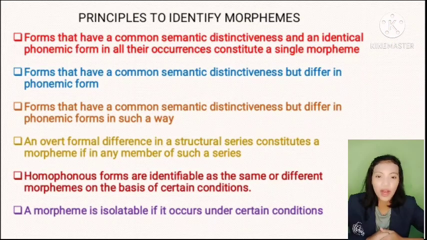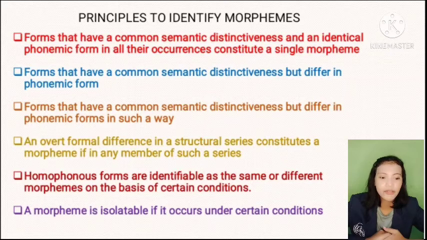The second thing you must know about morphemes is the principles to identify morphemes. First, forms that have a common semantic distinctness and an identical phonemic form in all their occurrences constitute a single morpheme. Second, forms that have a common semantic distinctness but differ in phonemic form. Third, forms that have a common semantic distinctness but differ in phonemic forms in such a way.